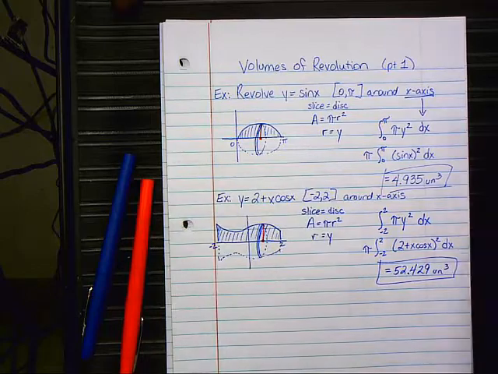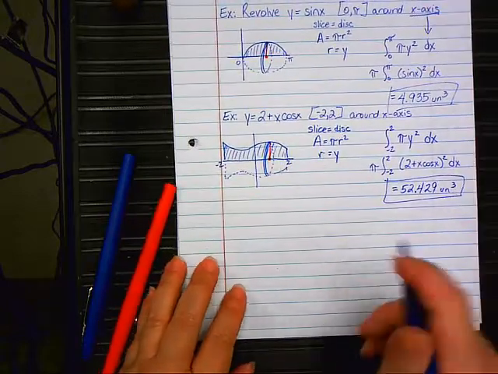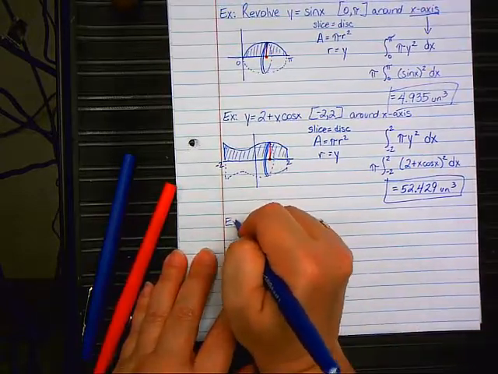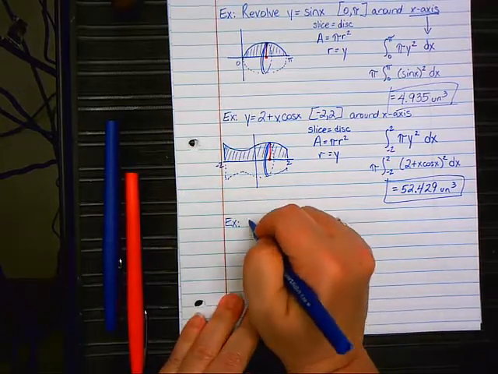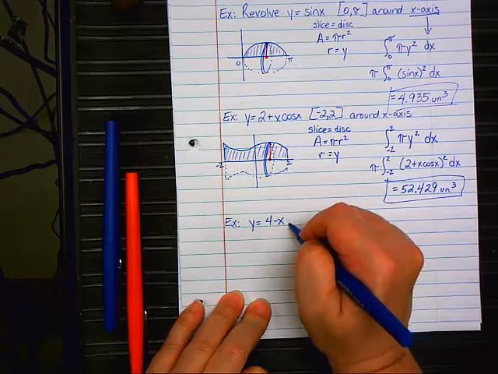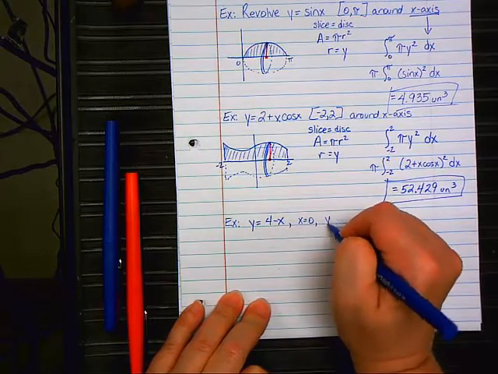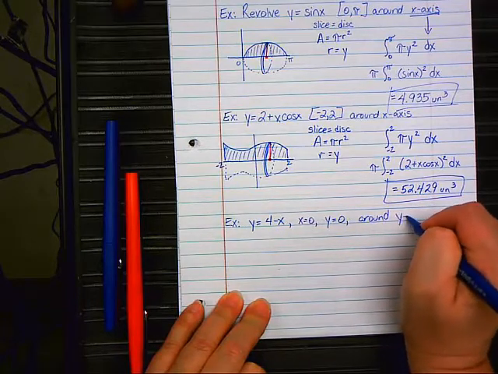Okay. Now we need to move to where we revolve around the y-axis. Not that much different. Y equals 4 minus x, x equals 0, y equals 0, around the y-axis.